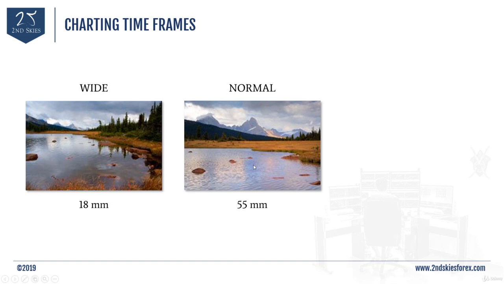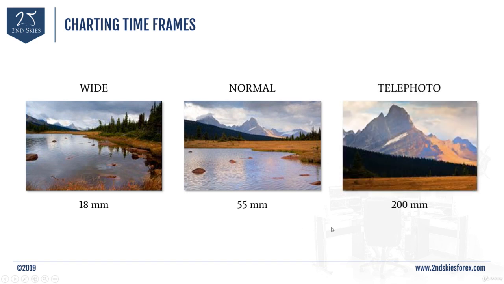So you can see more detail, but at the expense of seeing less of the scenery. Looking at the last picture, which is a telephoto taken with a 200mm lens, here you all of a sudden can see a lot of detail on the mountain range. Right? But you have completely lost view of the lake and of the trees on the right side and of most of the clouds in the sky.